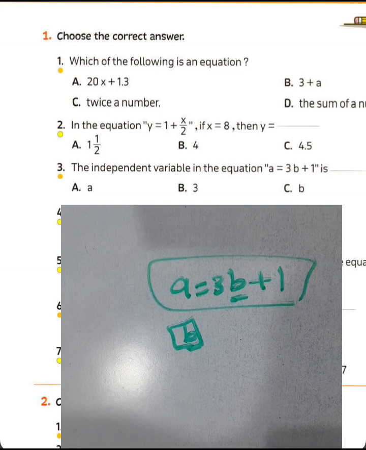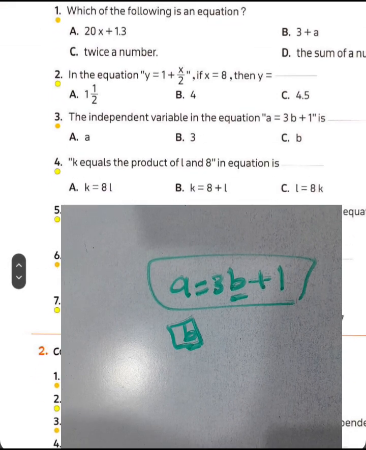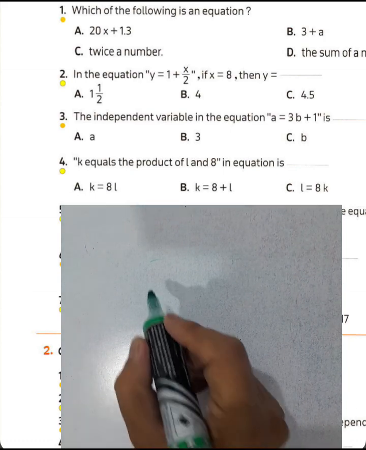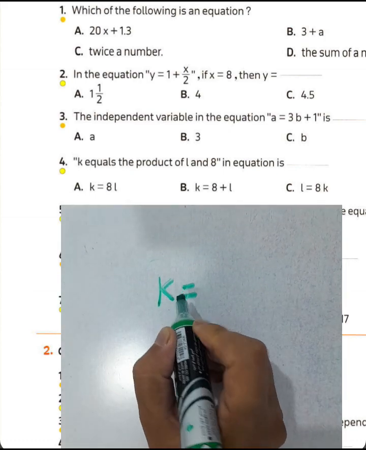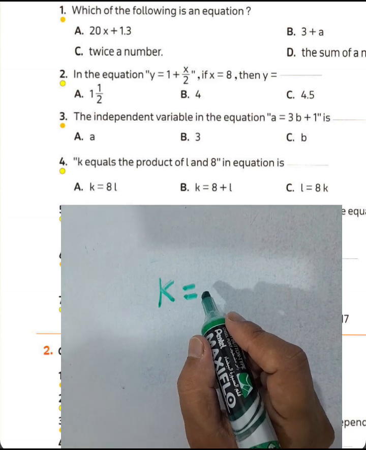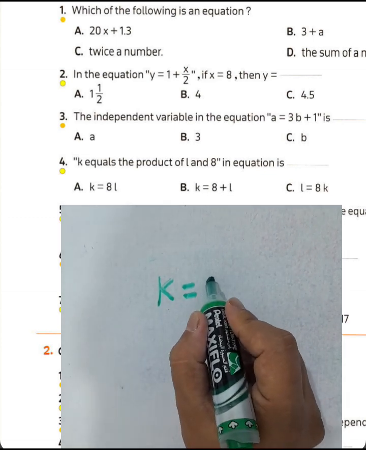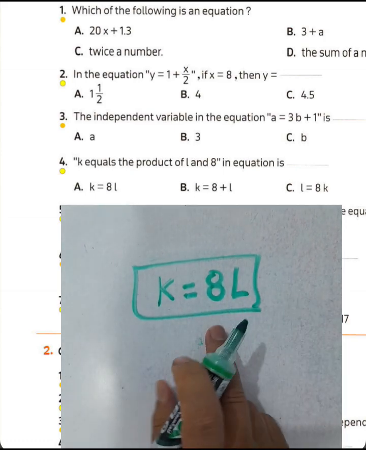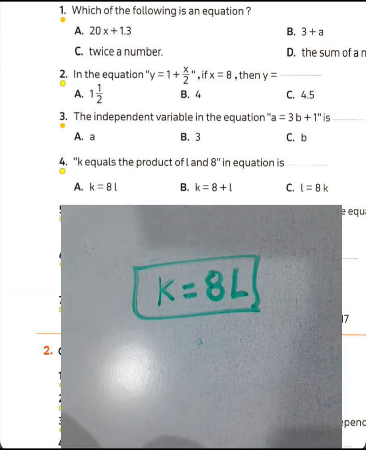Choose letter C. Question number 4. K equals the product of L and 8. It will be 8L, the product between 8 and L. K equals 8L. Choose letter A.